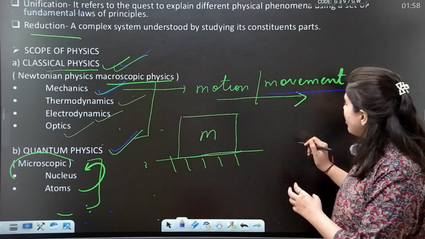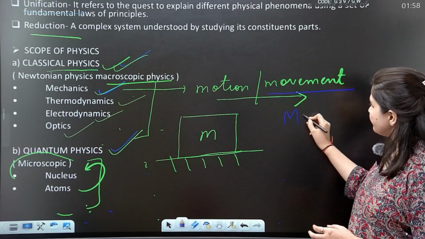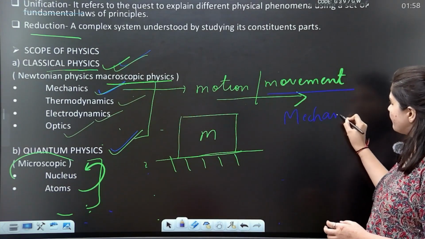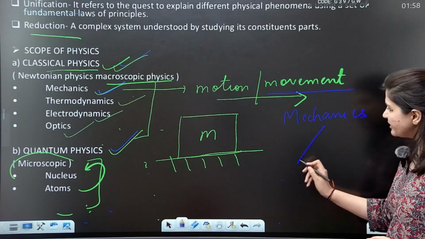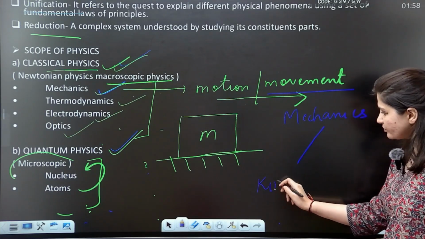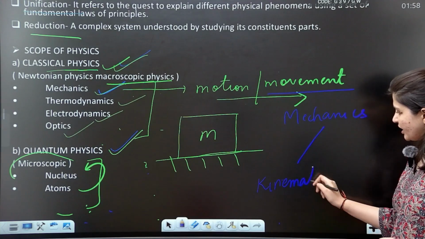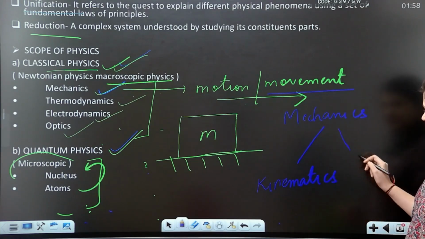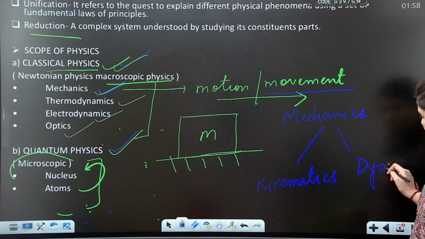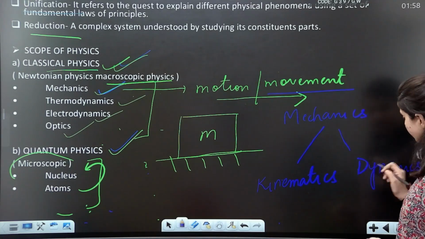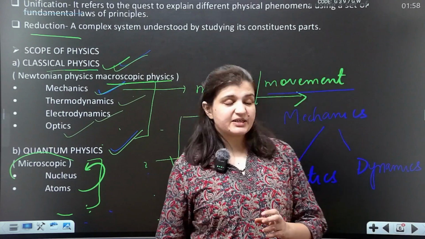If we talk about mechanics, students, mechanics has two parts. The first part is kinematics, and the other part is dynamics.